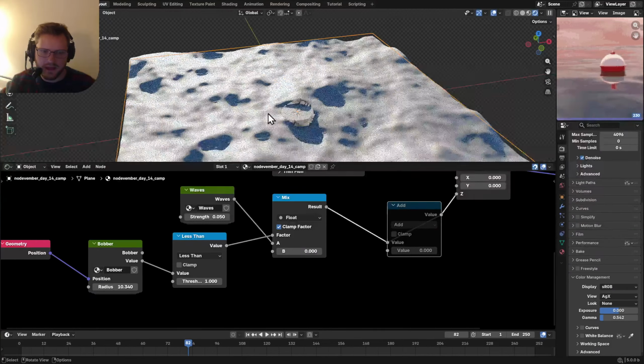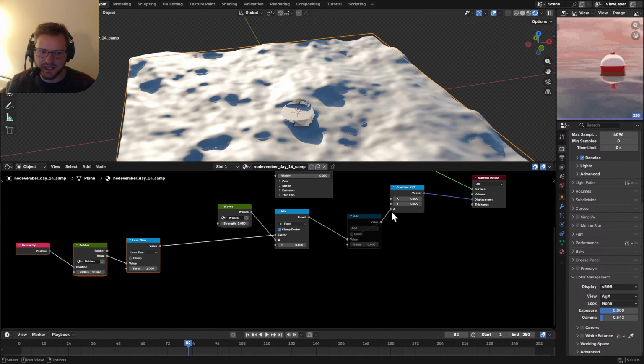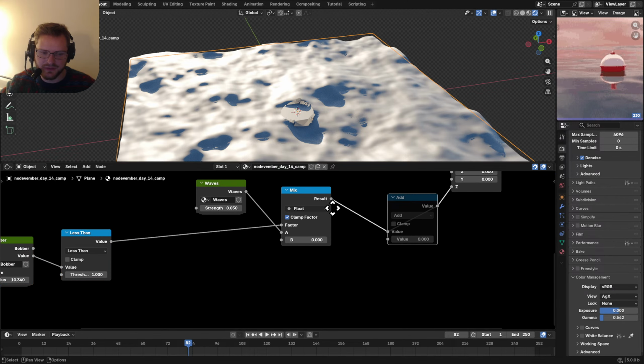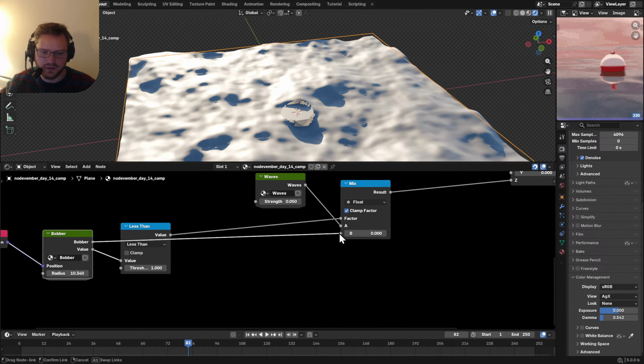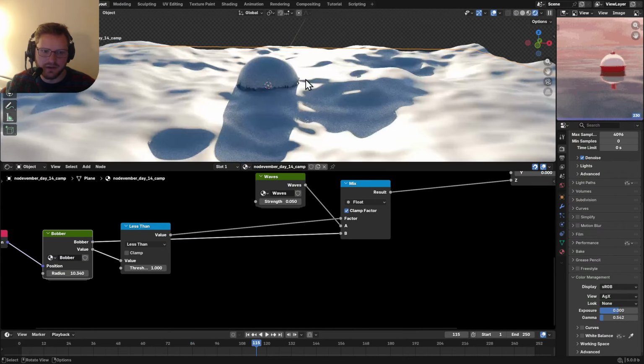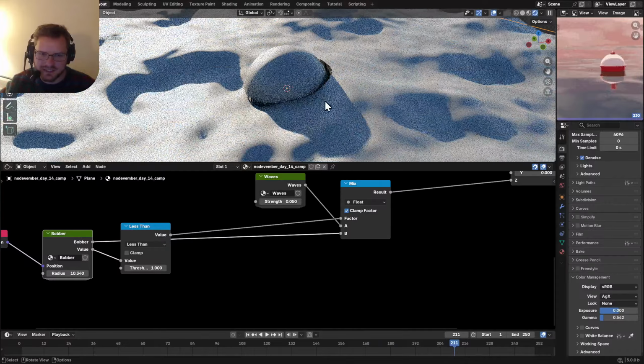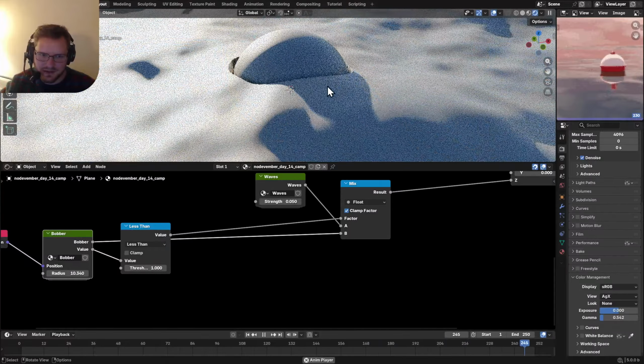Okay, and then for that area, now that we have that, maybe instead of just setting it to 0 and then adding the contribution of the bobber, I just mix it with the bobber. There we go. So now it's almost like the water's passing through it, which of course isn't exactly what you want, but look at that.